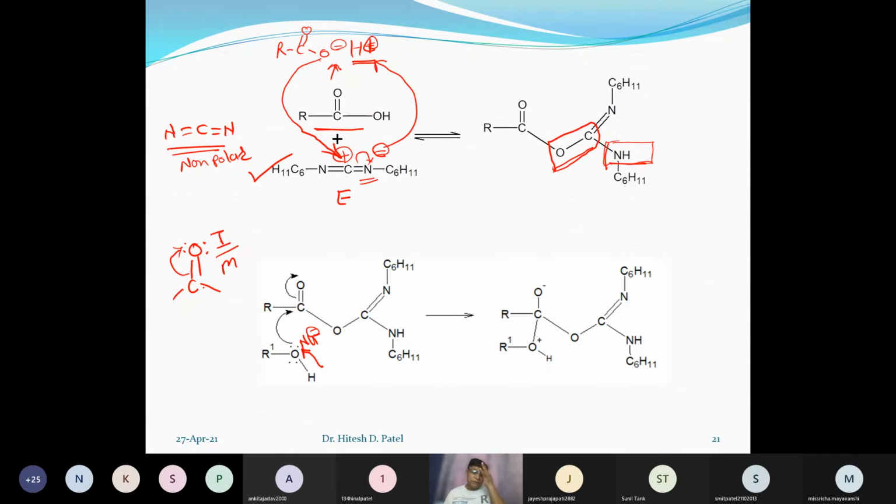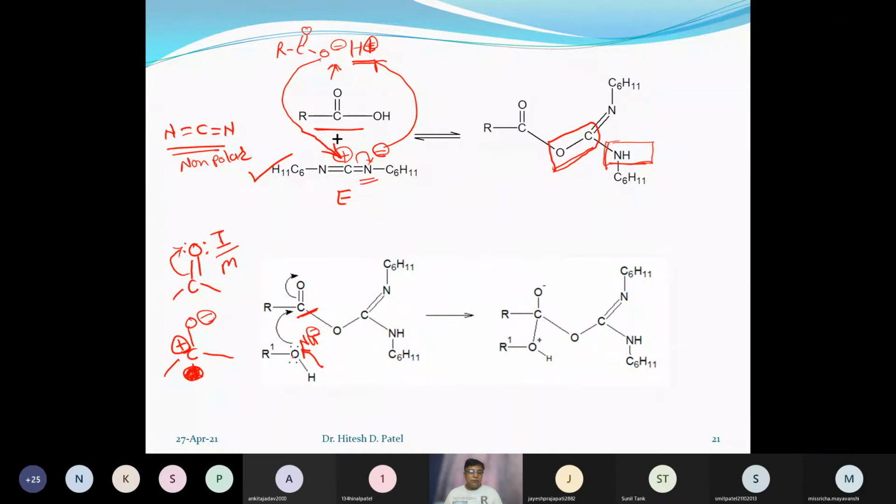Two effects are present. Due to these effects, this carbon becomes positive and oxygen becomes negative. Carbon has a positive charge and oxygen has a negative charge. So what happened now? This nucleophile will attack on this carbon and oxygen will pull electrons.